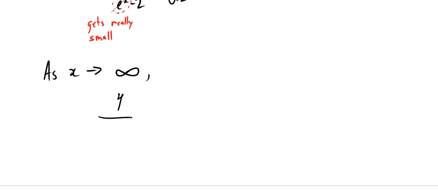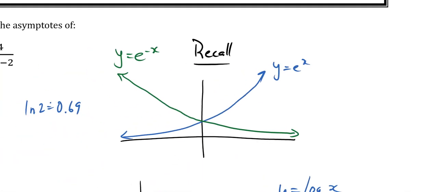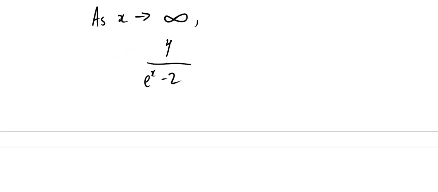So again, I have 4 over e to the x minus 2. As x goes to positive infinity, what does e to the x do? Looking at the graph, or thinking about what you know about exponential growth. Jason? Gets very large. It approaches infinity. Do you agree with that? Yeah. Okay. So let me just write some of this down. This is just my thinking, you wouldn't have to.